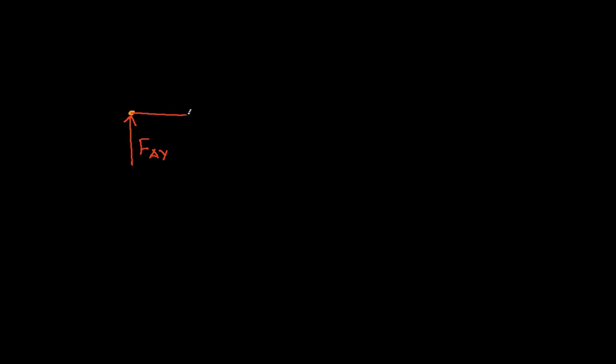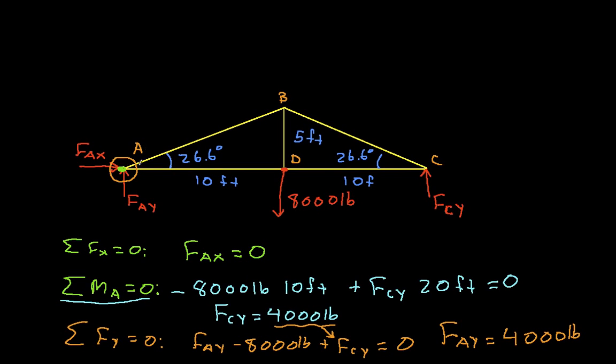We have the force applied to pin A by, we'll go back and actually show you. We have the force applied at this point by this member that goes from A to D. So we'll call that force TAD.